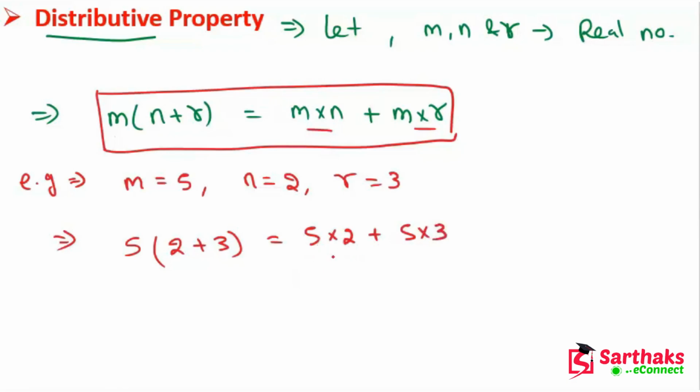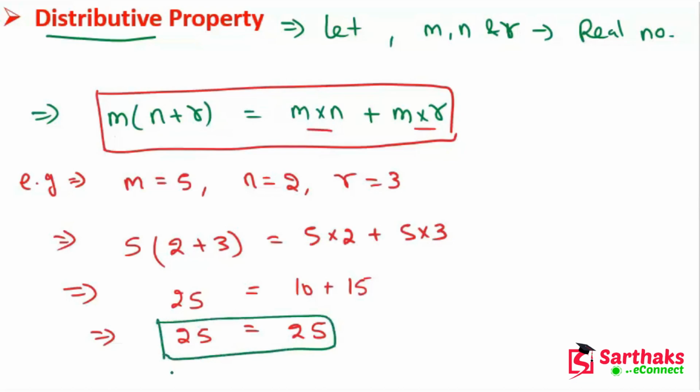In this case we are multiplying individually with 5. So now 2 plus 3 is 5 and 5 into 5 is 25. In the other case 5 into 2 is 10 plus 5 into 3 is 15, which gives 25. So 25 is equal to 25. Both the results are same.